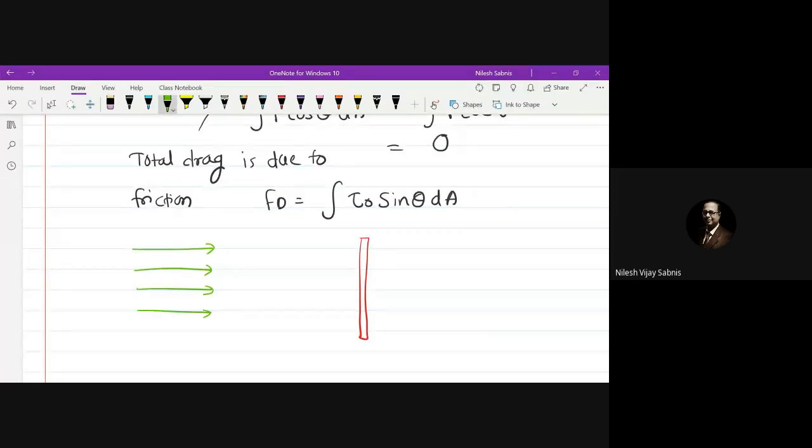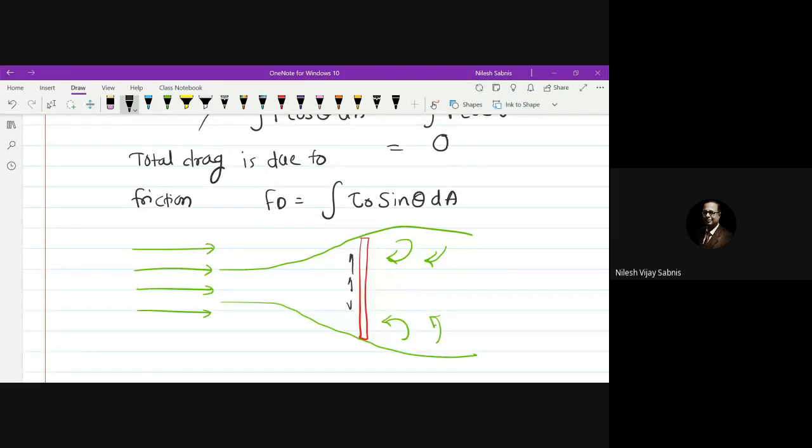Flow will come from this side and move around like this. In the region behind, some sort of eddies will generate. Some flow moves in one direction, some in the other, and there is tau. And here there is a separation point.